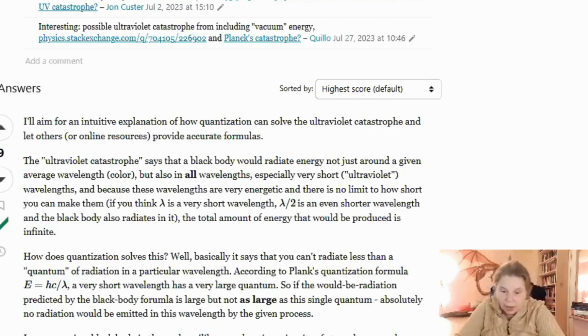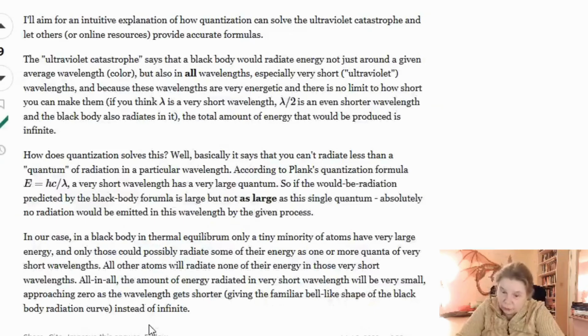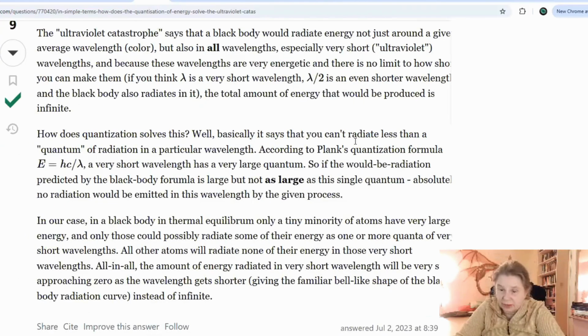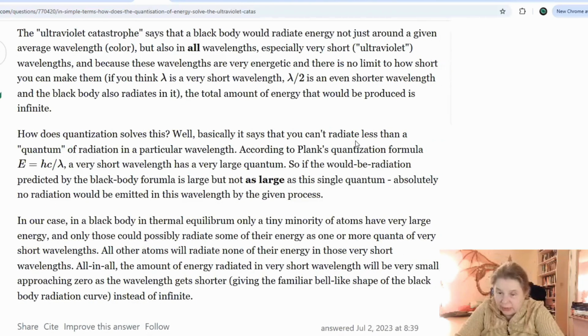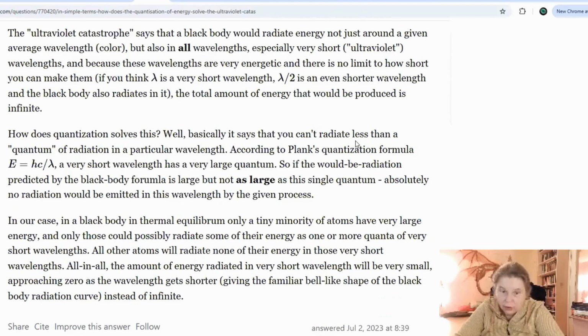Okay, so how does quantization solve this? Well, basically it says you can't radiate less than a quantum of radiation in a particular wavelength. This is this idea of energy coming in lumps. According to Planck's quantization formula, E is equal to hc over lambda, that's hf, a very short wavelength has a very large quantum energy.